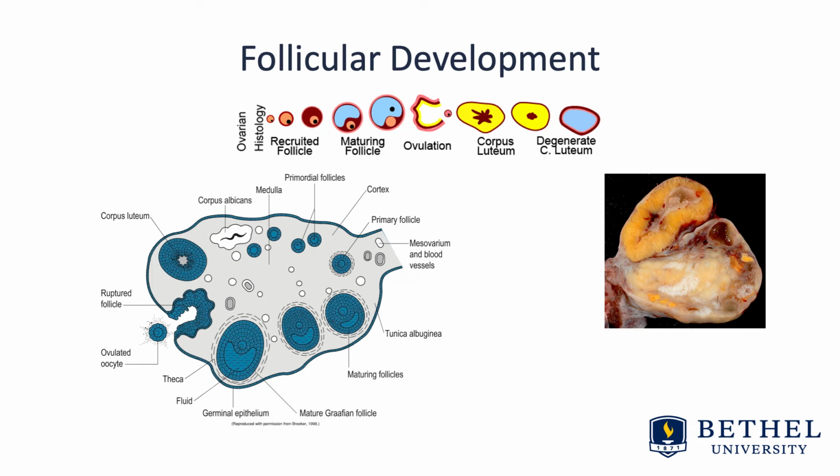That's the corpus luteum. And you can see it's so much bigger in comparison to the rest of the ovary. You can see how progesterone is becoming dominant. And then you can see a couple corpus albicans probably from previous cycles that are just slowly degenerating. But in that bottom right corner, you can see a little corpus albicans.